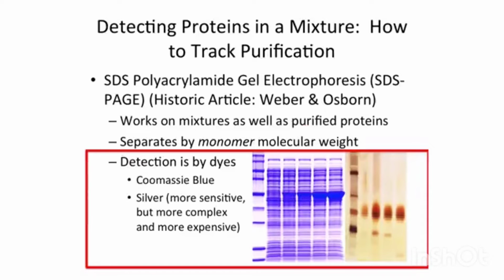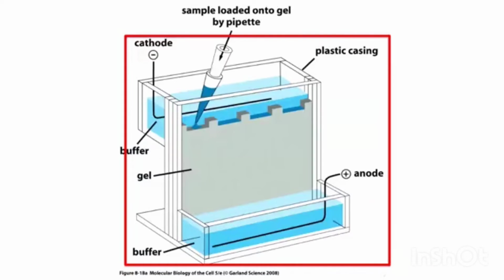Coomassie blue is shown here on the left, and the silver, which is more sensitive, but a little more complex to do and definitely more expensive, is shown on the right. So you can then see basically the proteins that you have in your mixture. And you do this in a plastic encased system that you can actually build yourself or you can buy.